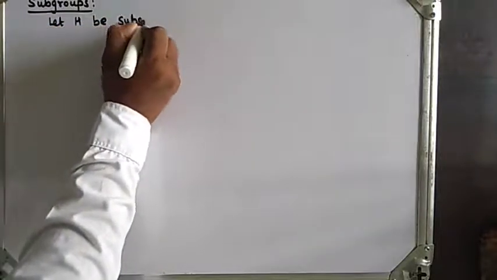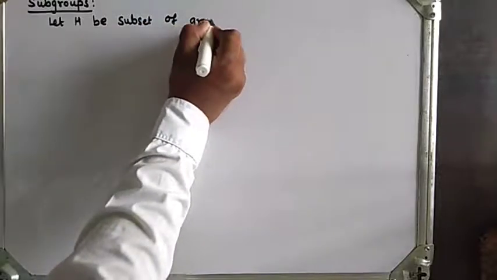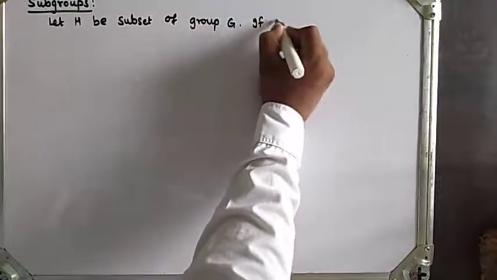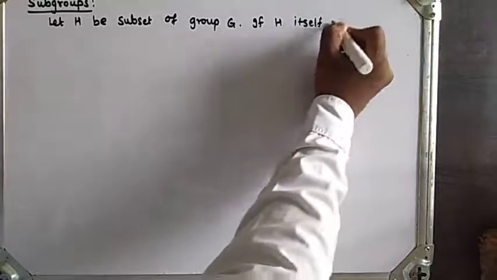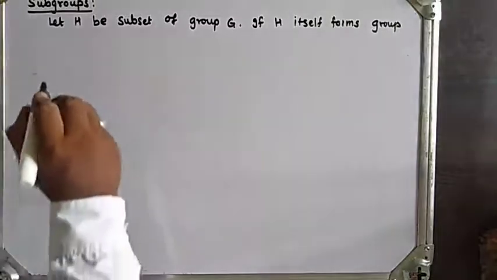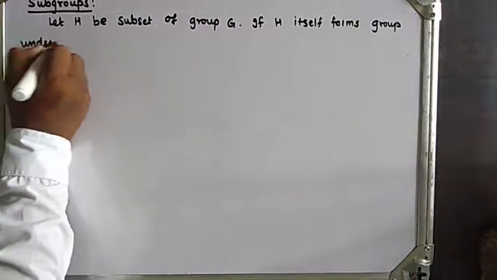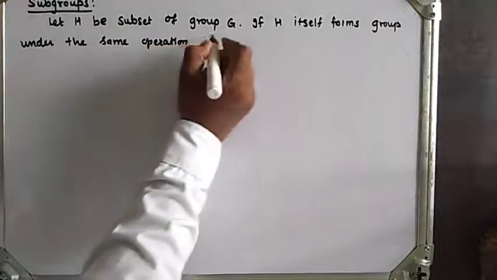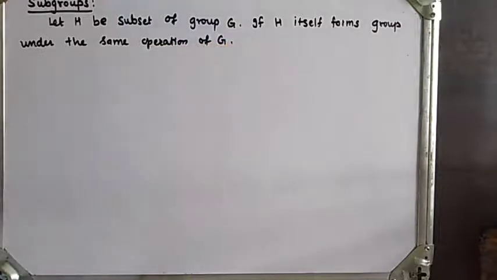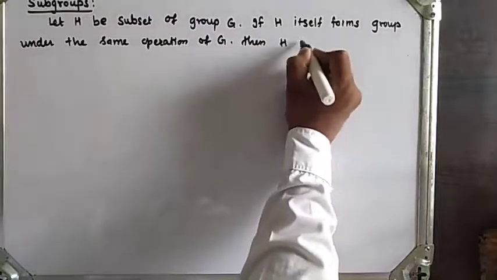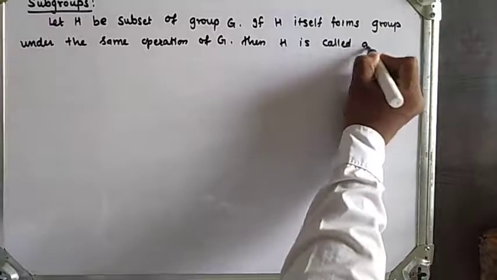Let H be a subset of group G. If H itself forms a group under the same operation of G, then H is called a subgroup of G.